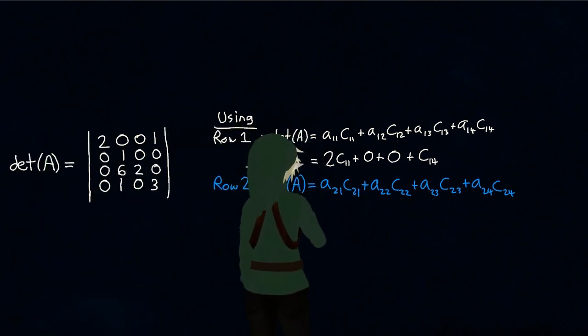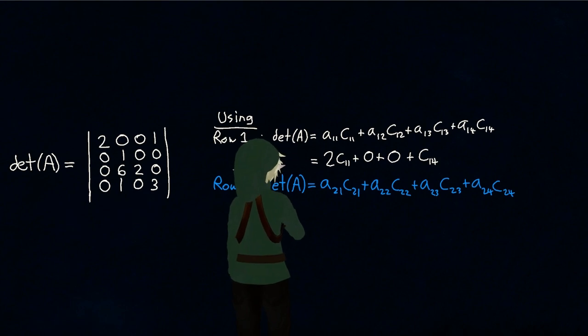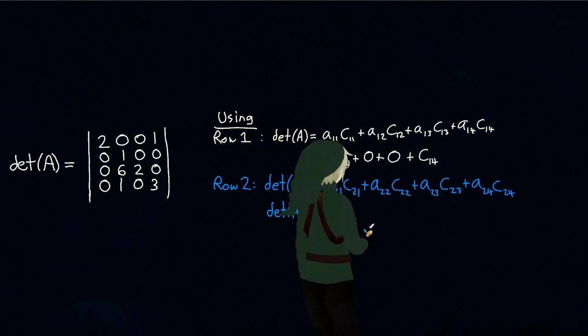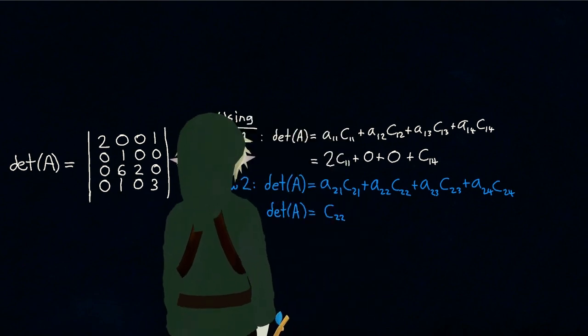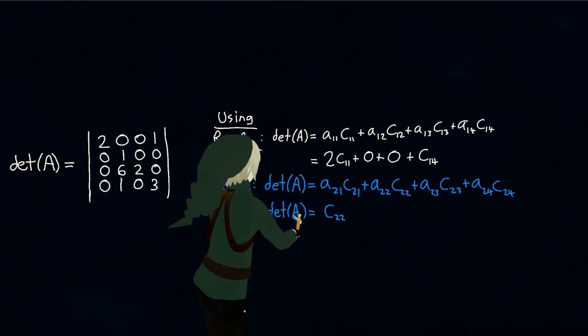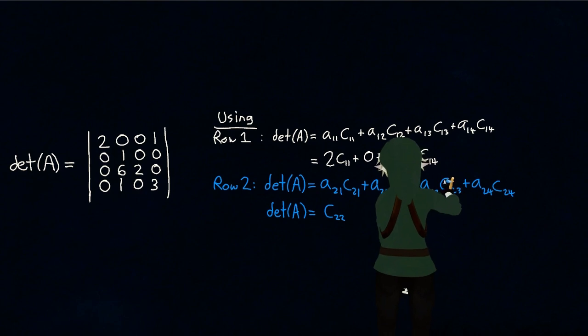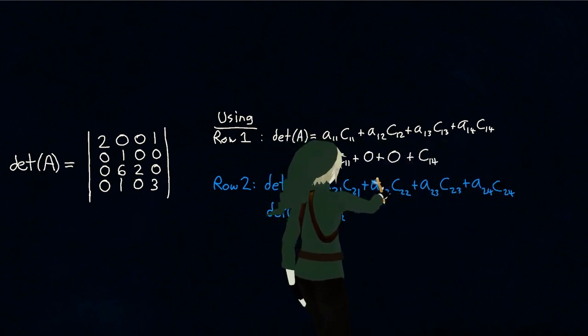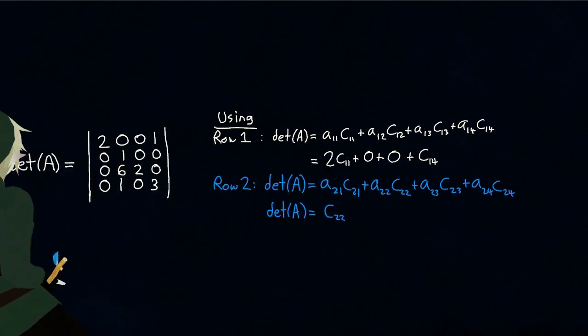So our answer, the determinant of A, is equal to 1 times the cofactor of 2, 2. And we're done. That's it, right? This is 0, this is 0, and this is 0. The rest is 0 except for here, where the entry is equal to 1.